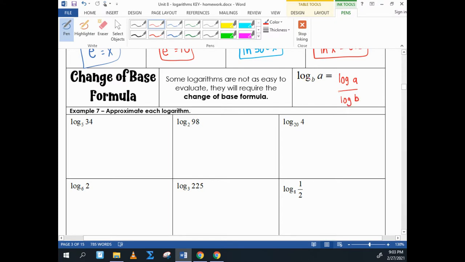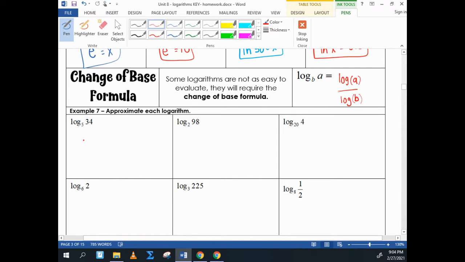If it's written as the log of any base, so this B could be 20 or it could be 2, of some number A, then you're going to hit your regular log button, put an A right there, close the parenthesis because they already give you one, and then divide it by the log of B right there.